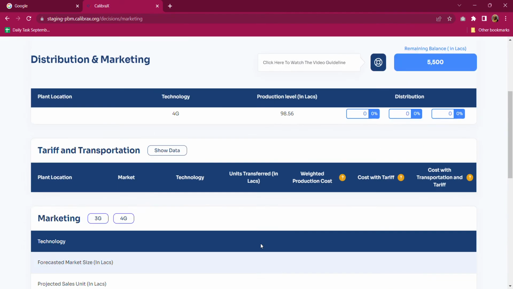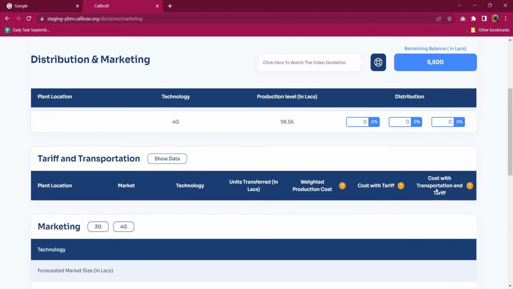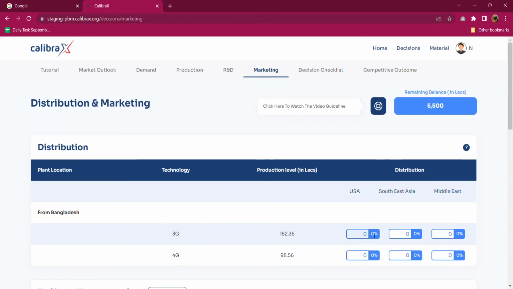Before we look at the tariff and transportation, we have to input the percentage of distribution we want for 3G and 4G. Let's say we want 40% for USA, 40% for Southeast Asia, and again 40% for Middle East.